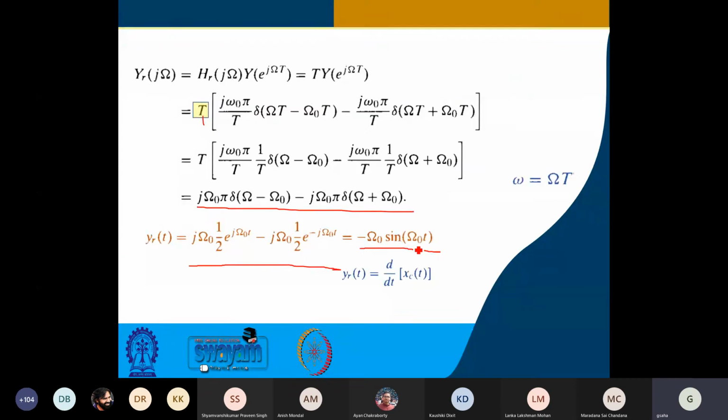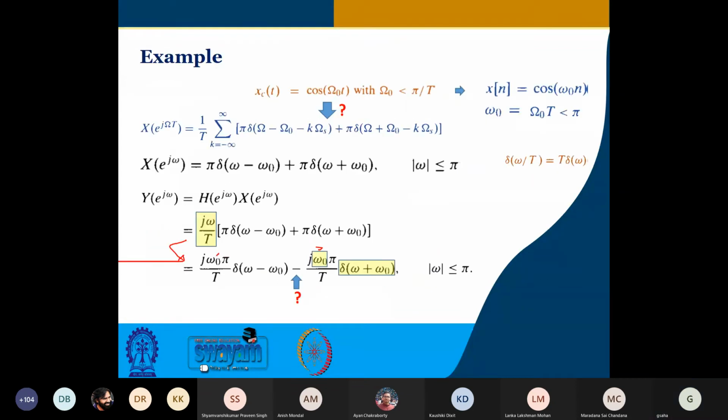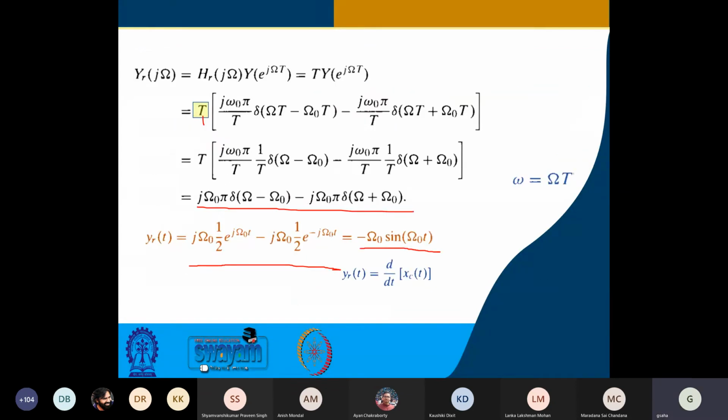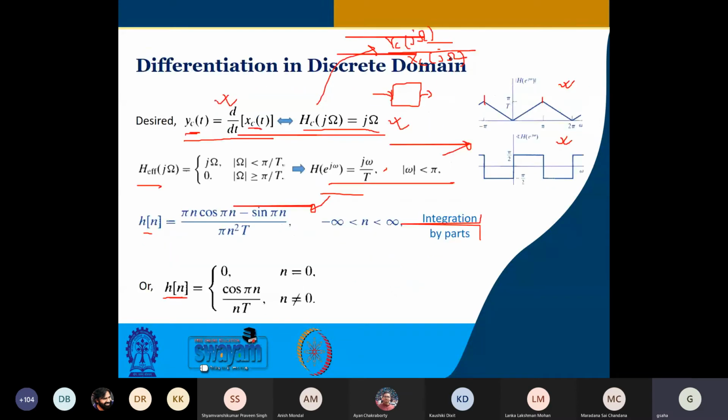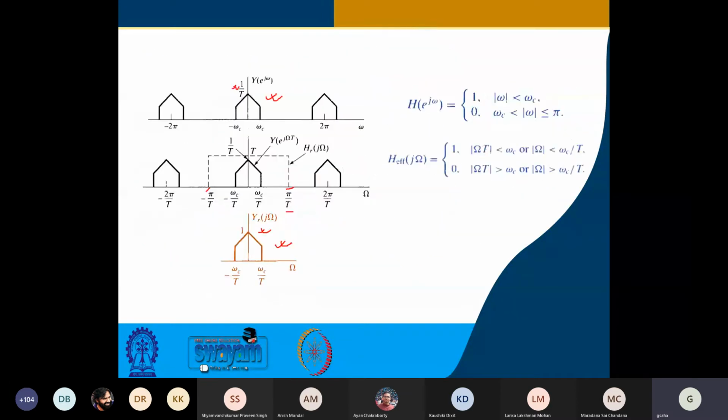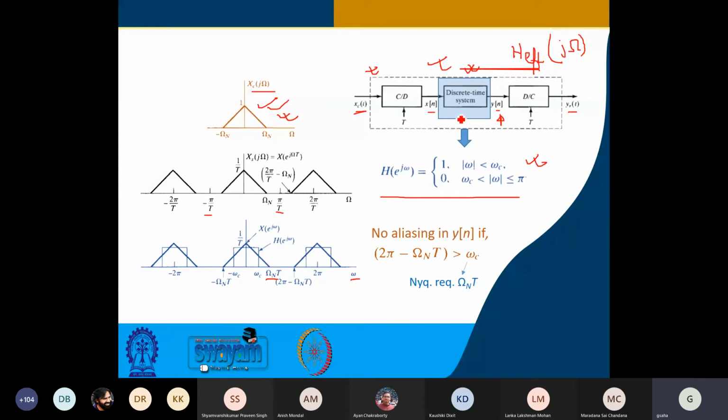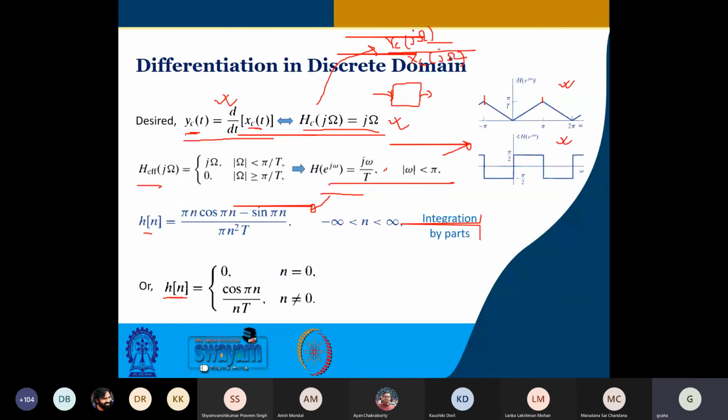So we are getting a sinusoidal signal differentiated and obtained as a sinusoidal signal. And for that, the DSP block that you need to employ, other than the continuous to digital and digital to continuous converters that we have considered and assumed to be ideal, this discrete time system should have an impulse response which is like this.